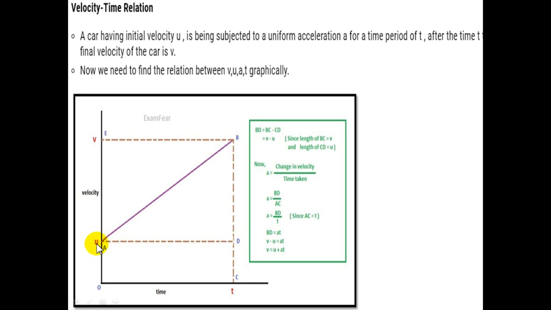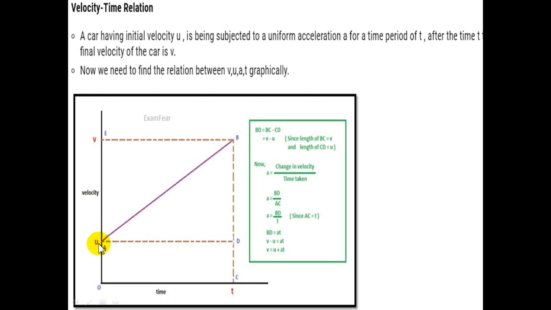After a time t, the final velocity of the car is v. The car moves like this, and after the time t there is another velocity v, which will be known as the final velocity.